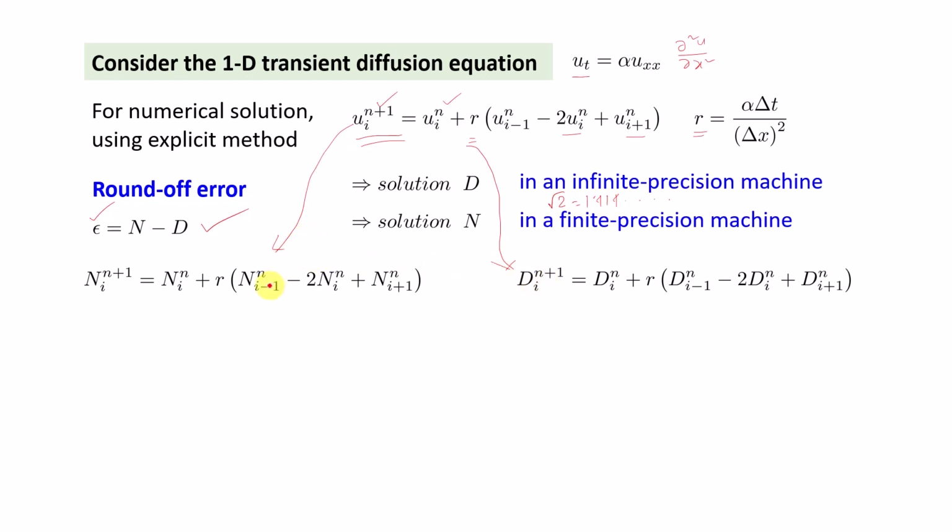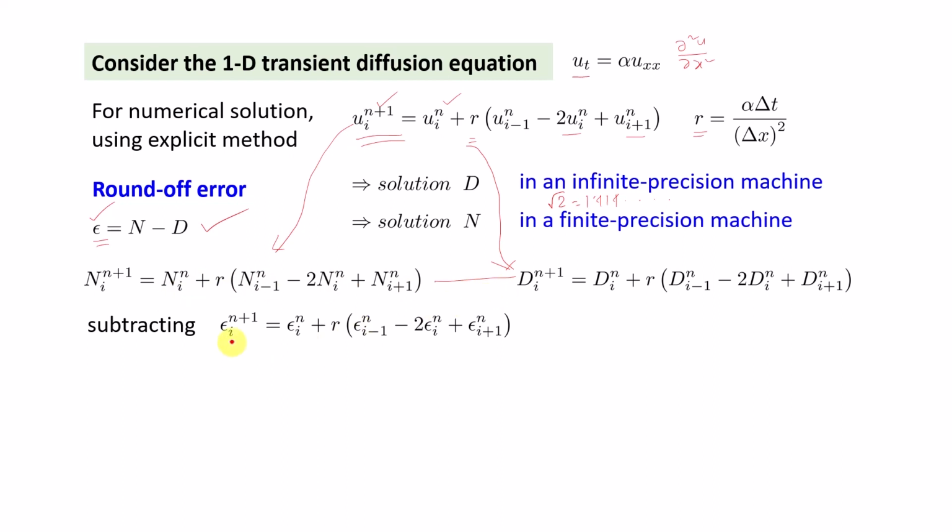If I solve it in a finite precision machine, I get this n. But both are following the same difference equation. So the difference between these two will give us an equation for the round off error. If I subtract these two equations, n minus d is my round off error.